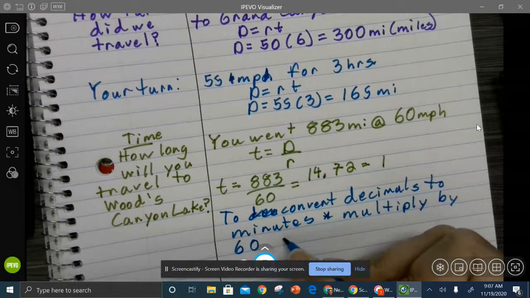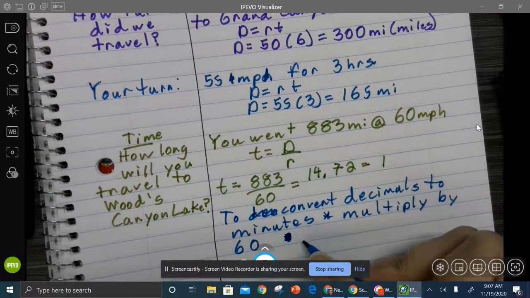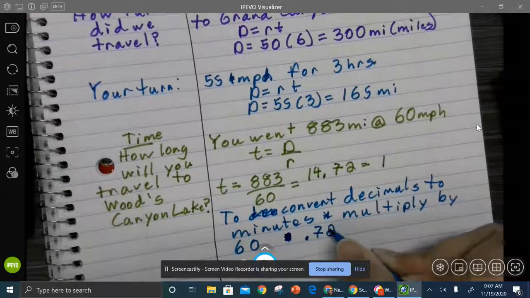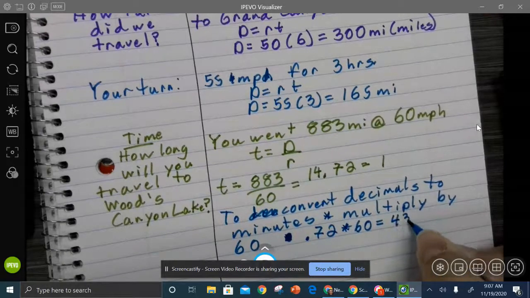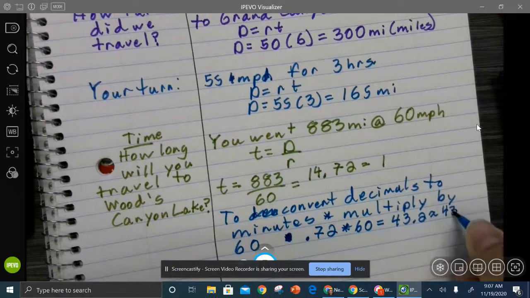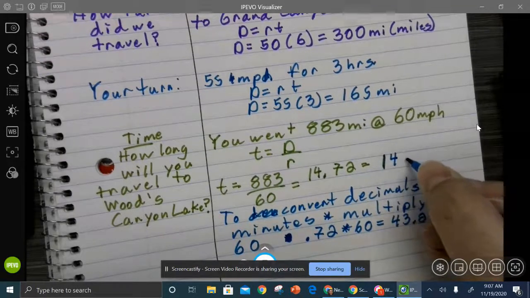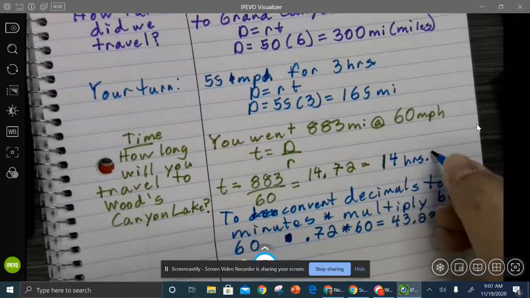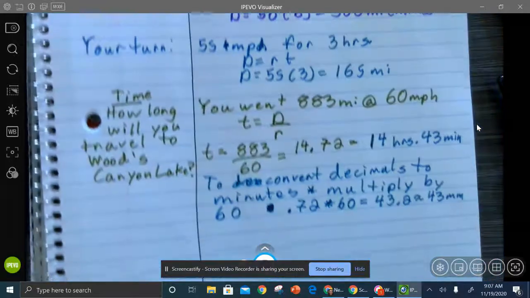Like on this one, everybody, I'm just going to do that. 0.72 times 60, we get 43.2, so we'd round that to 43 minutes. So everybody, this would be 14 hours and 43 minutes. We're doing a long trip.